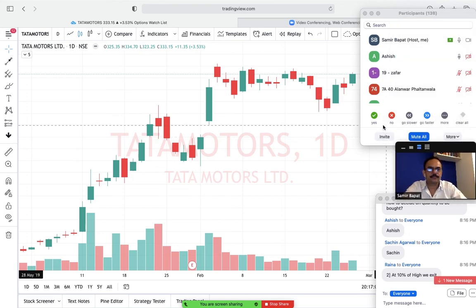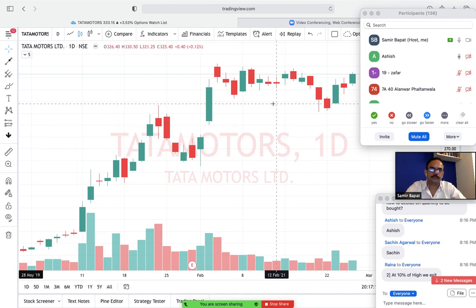Thank you, Samir. Until we hit the 10%, we can consider the pivot, the low of the green candle, right? Correct. Beyond 10%, then you have to consider the pivot low. See, when entering itself, you have to decide whether you will exit at 10% or you will follow a pivot low.